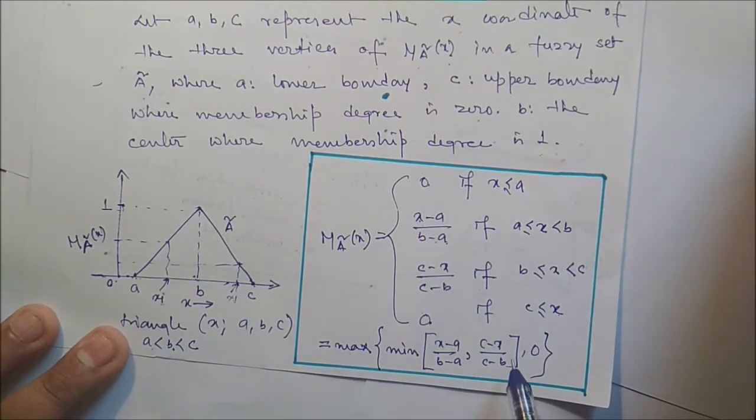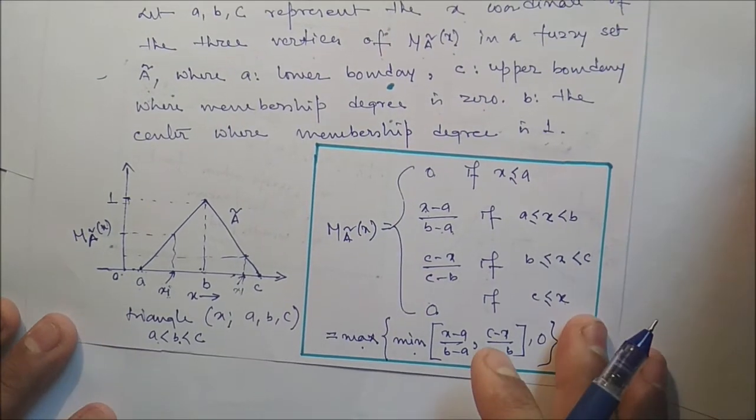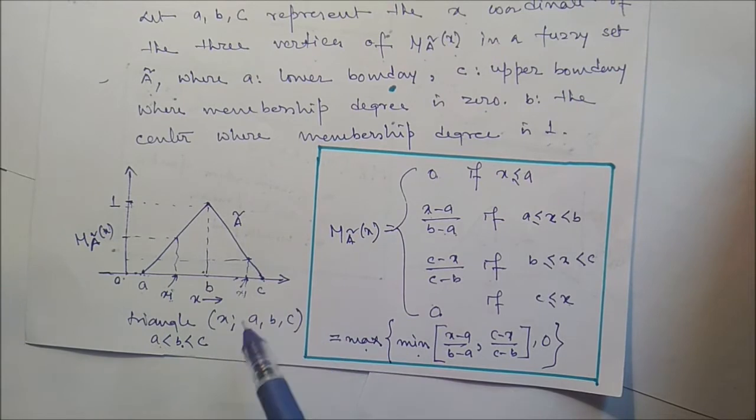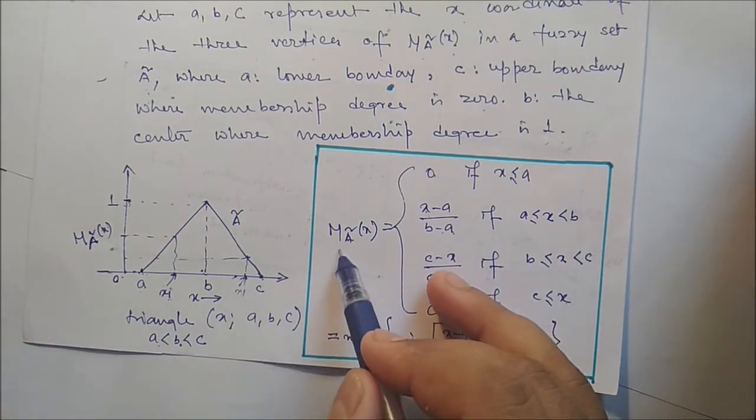We may write the whole thing in a single line: max(min((x minus a) by (b minus a), (c minus x) by (c minus b)), 0). In this way, if the fuzzy set is triangular, for any crisp value we can get its membership value.